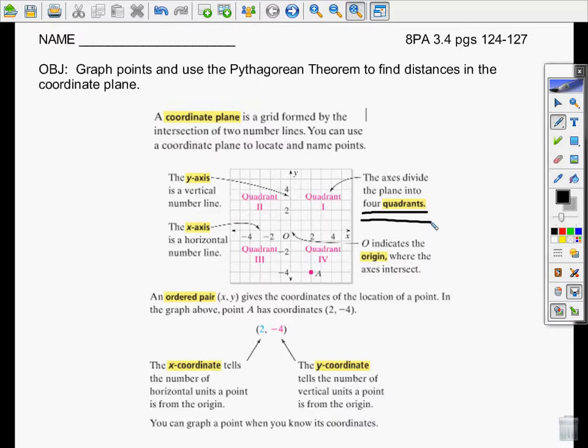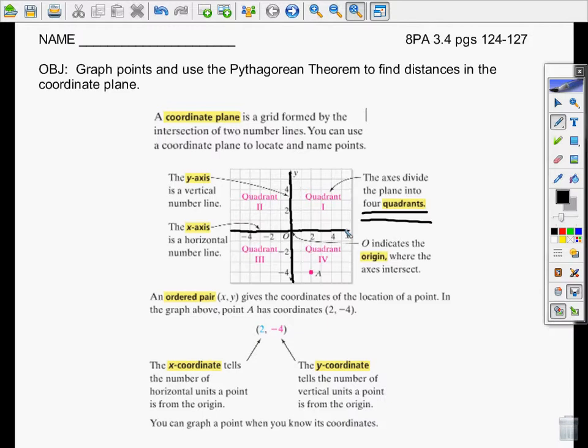If it's not obvious on your paper, darken that first vertical line and the horizontal line so it shows up really well. I don't think your book made sure that stood out. Now do you see four separate areas that those two axes just created?